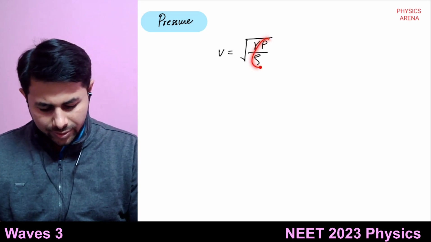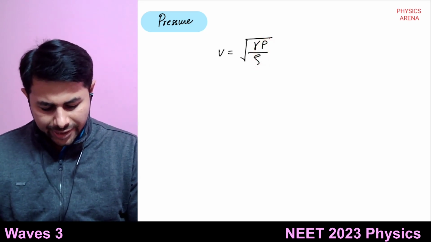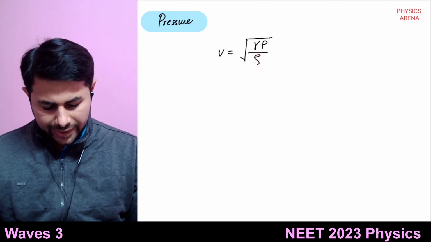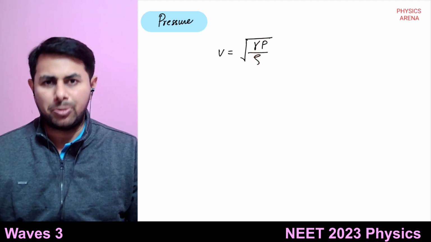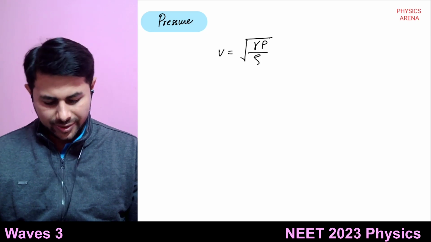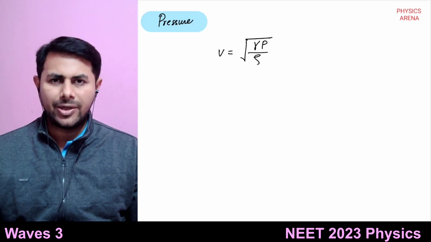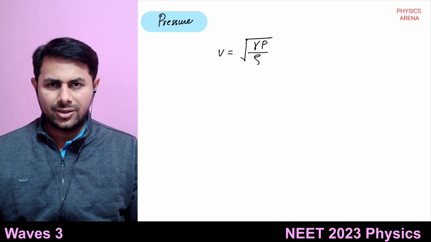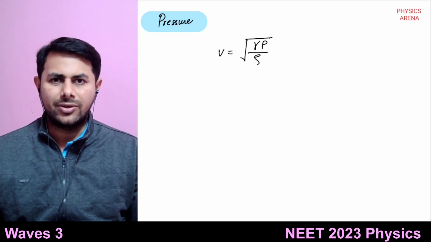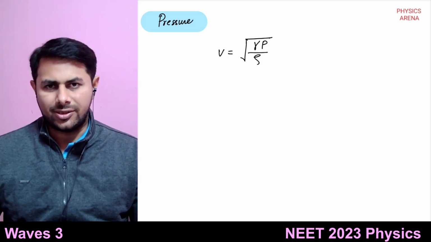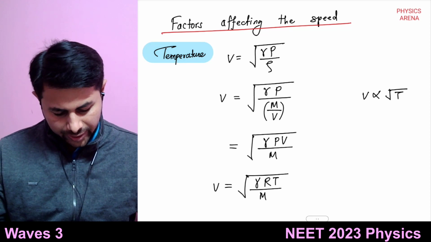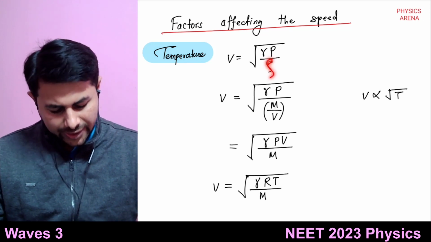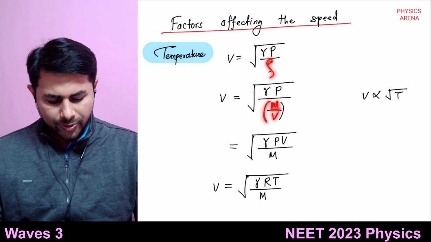So the change in pressure and the change in density are linearly proportional. So there is no effect of the change in pressure on the speed of sound if the temperature remains constant. Because we can substitute for density. Density is equal to mass upon volume.